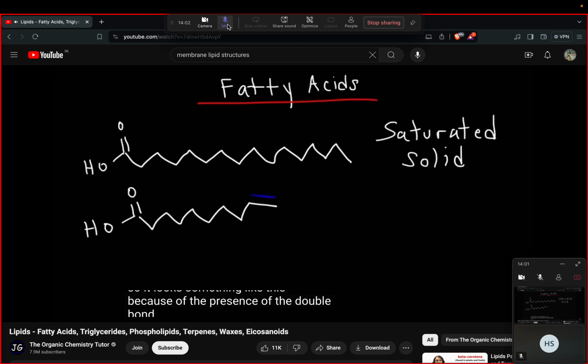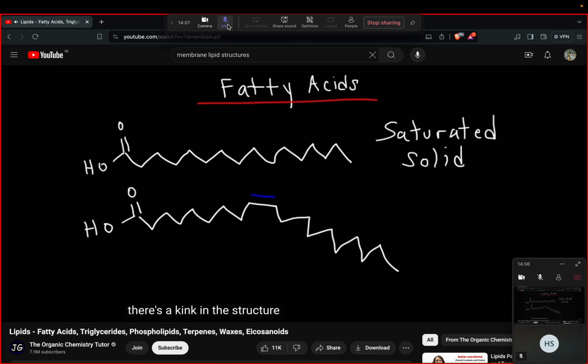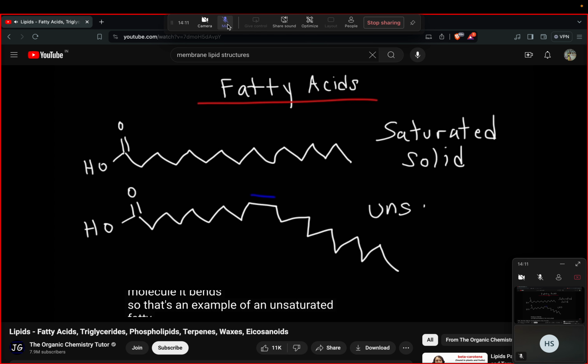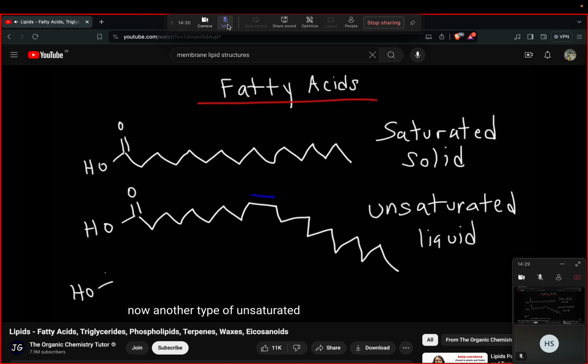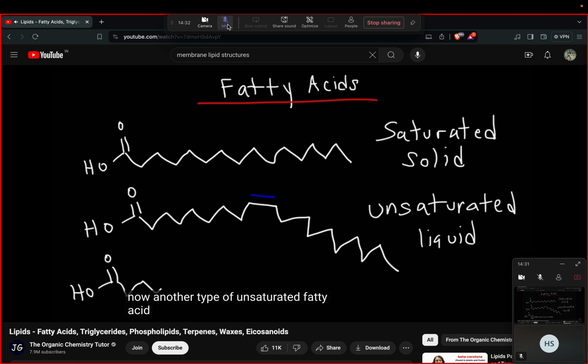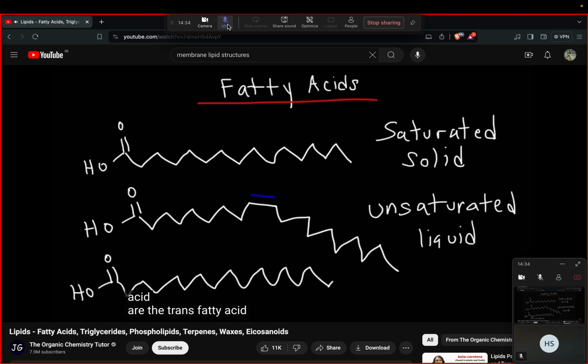Because of the presence of the double bond, there's a kink in the structure. This molecule, it bends. So that's an example of an unsaturated fatty acid. For every double bond present, you lose 2 hydrogen atoms. Unsaturated fatty acids tend to be liquid at room temperature. So these would include the vegetable oils. Now, another type of unsaturated fatty acid are the trans fatty acid.